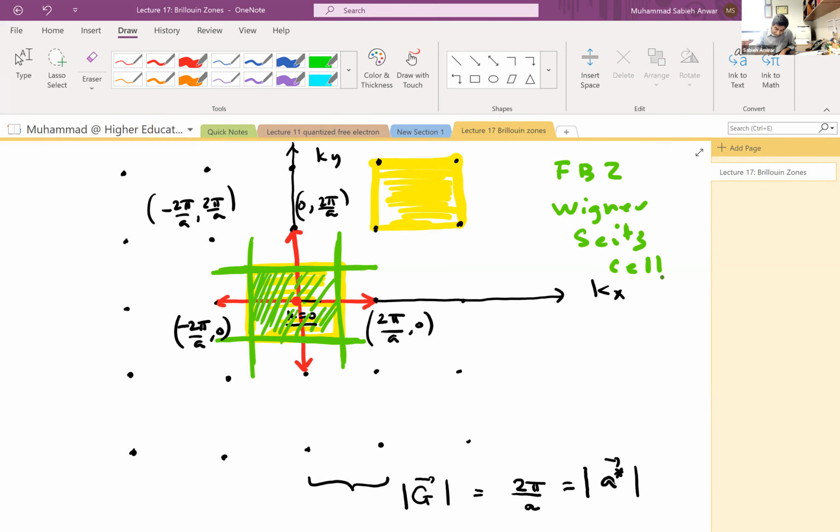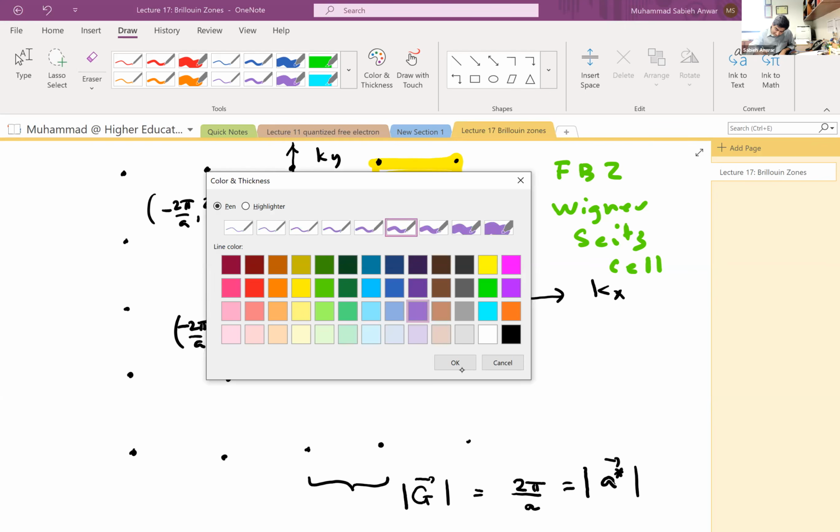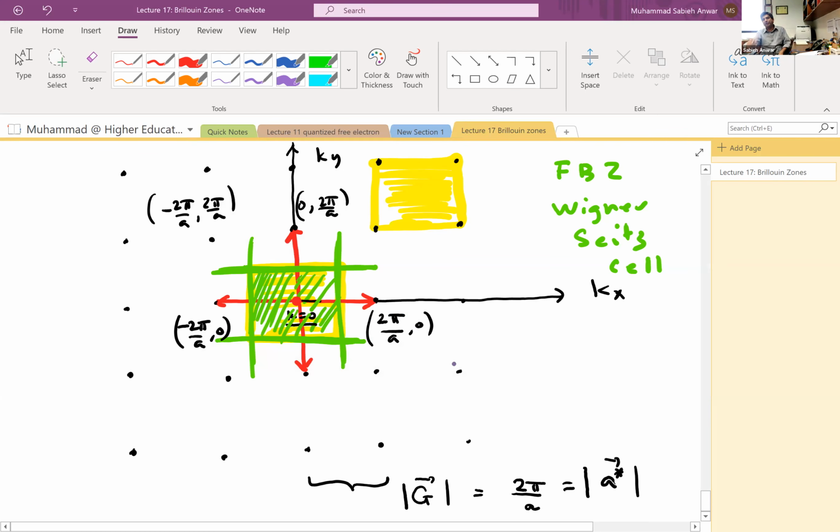Now what I could do next is take the next neighboring points and draw reciprocal lattice vectors to them. The point that is next in distance from the k equals 0 point is this point. I have a point here, a point here, and a point here. So I draw reciprocal lattice vectors.